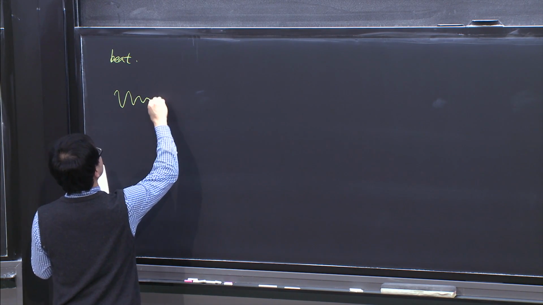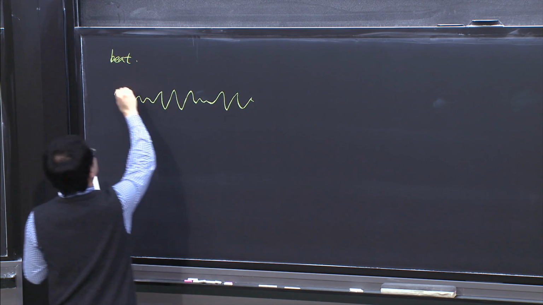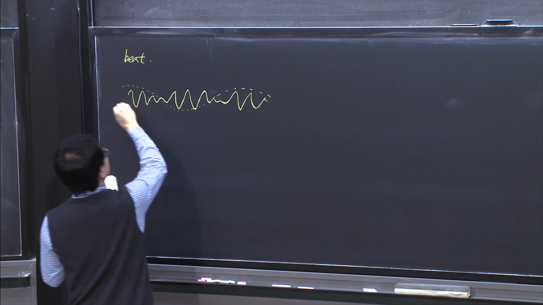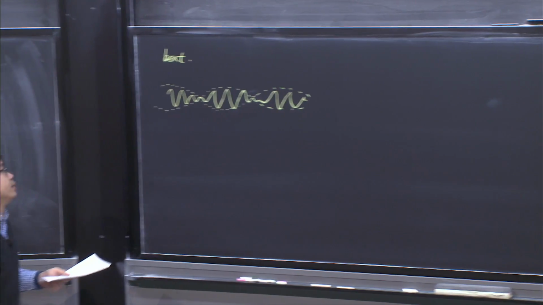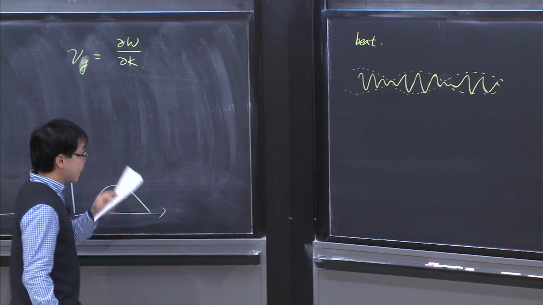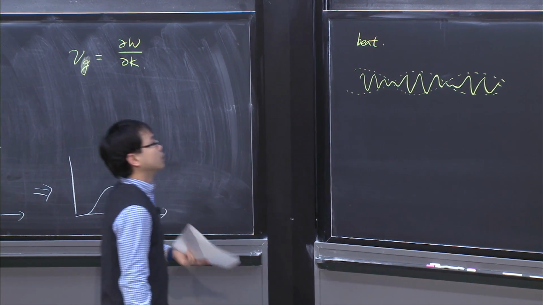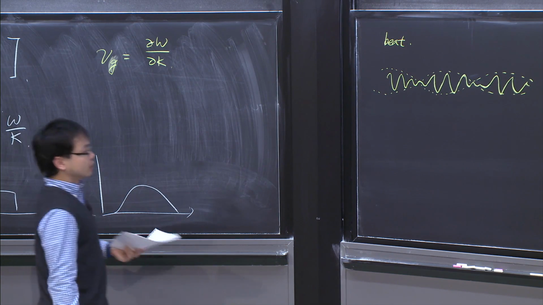So you see some behavior like this. You see the superposition of these two waves, which produces a beat phenomenon, that can be understood as something oscillating really fast, modulated by a much slower, varying envelope.